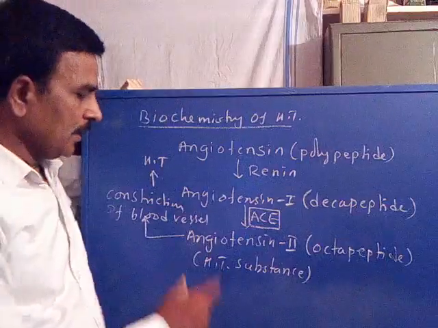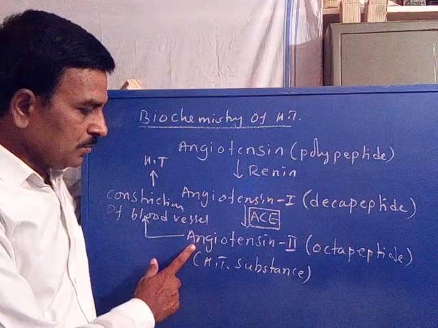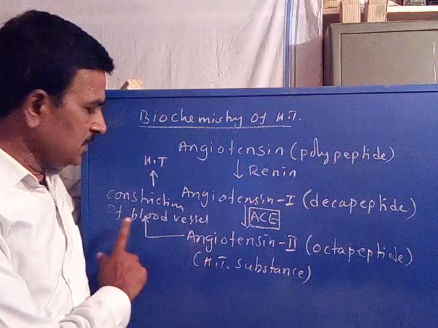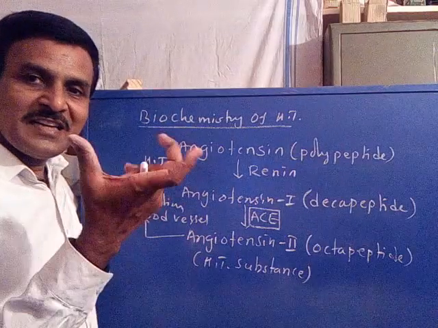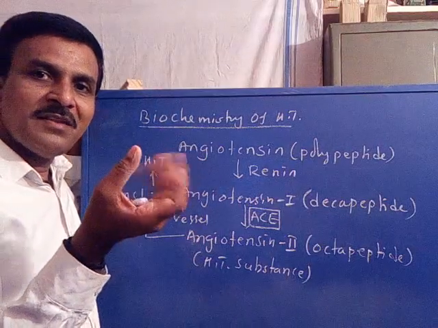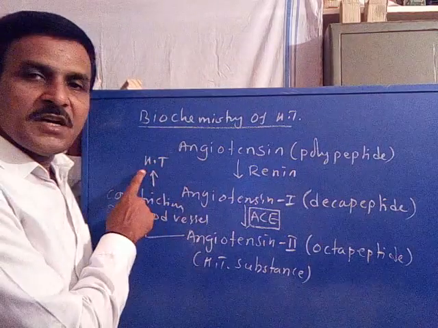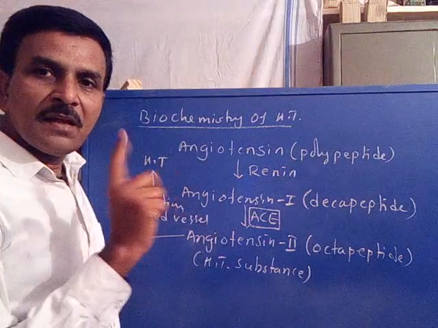Is it clear? Now, angiotensin 2 is a hypertensive substance which leads to constriction of blood vessels. When blood vessels are constricted, it causes hypertension.